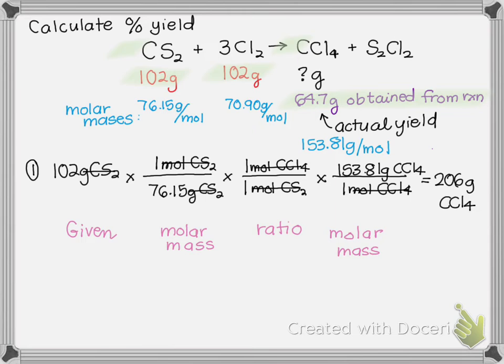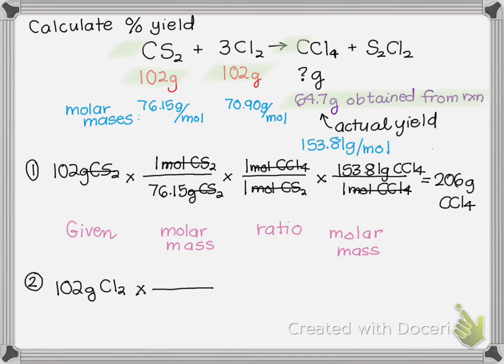Now if I only had one reactant, that would be the answer. But since I have both reactants for a limiting reactant problem, now I have to do a second comparison problem. So I'm going to start with Cl2. So again, I have 102, which was given in the problem. You can look above. It's what I wrote in red.